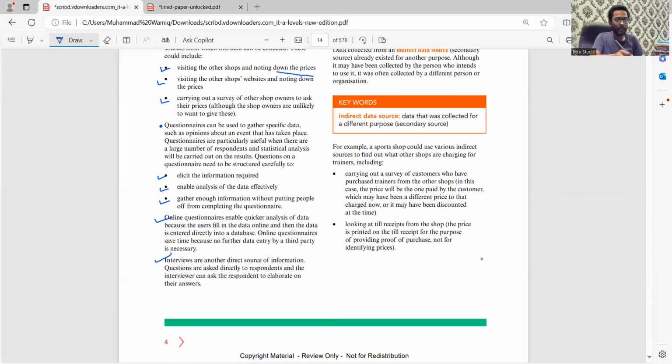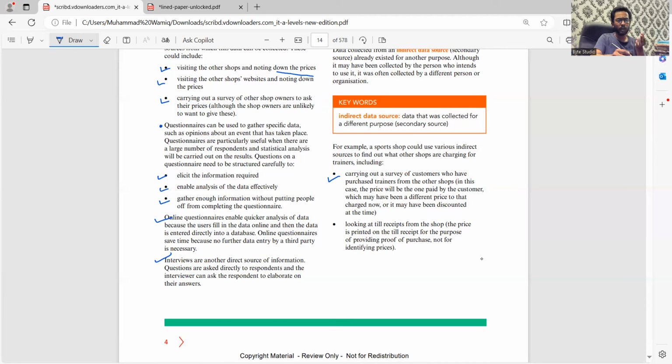For example, right here, I can say carrying out a survey of customers who have purchased trains from another shop. In this case, the price will be paid by the customer, which may have different prices to charge, so that it has been discounted. For example, you went to a shop and now you are not interviewing or questioning. You are looking at an indirect source.